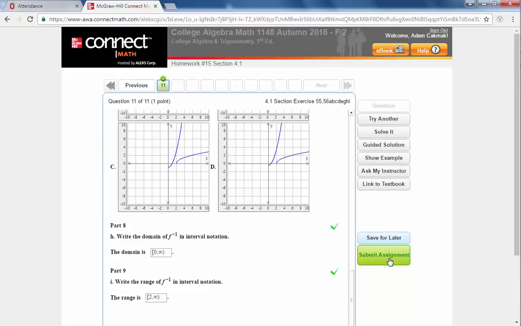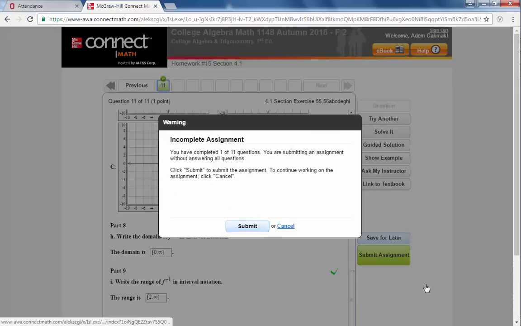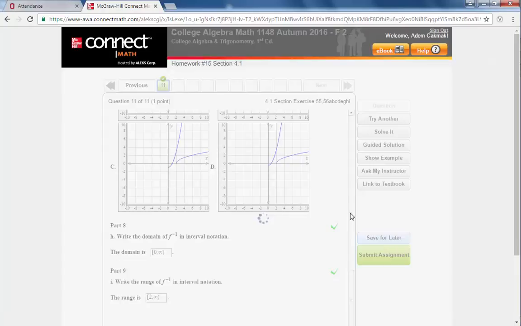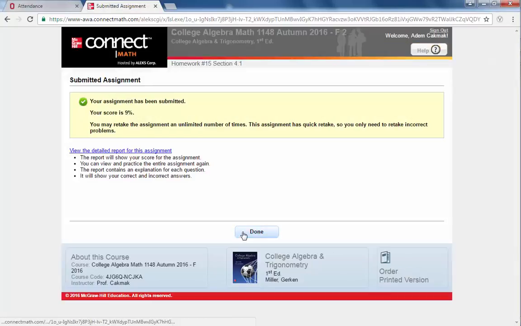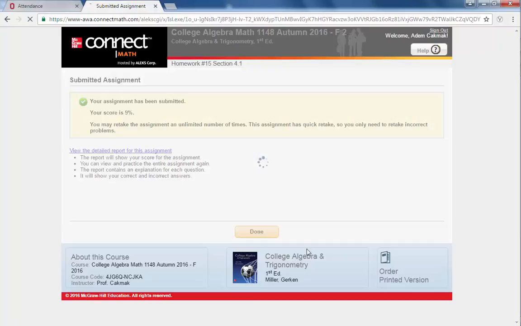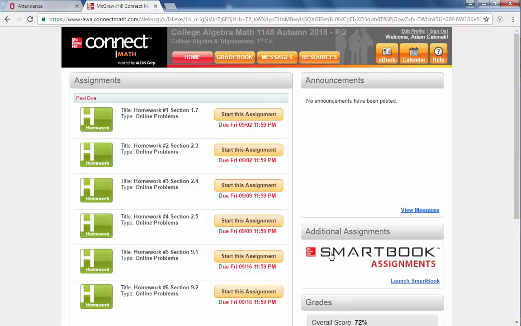But I want you to submit it anyway, so I can see your score. If you don't submit, your score is saved, but I don't see it. That's the problem. So if you feel you're done with it, hit submit, okay? So I can have your grade visible. I have only 9%. Okay, that's good.